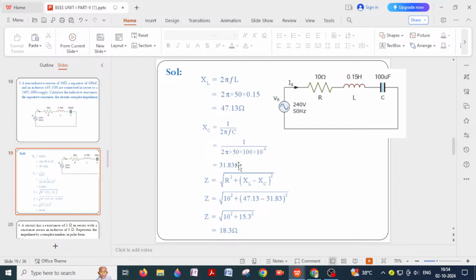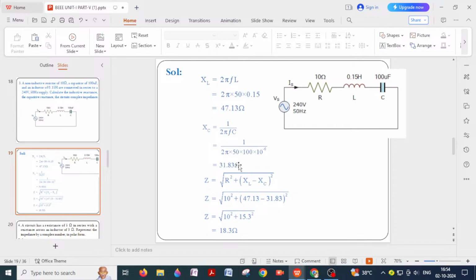So R value is 5 ohms, XL value is 3 ohms. What is Z? Z is equal to R plus jX. So what is R? 5, X is 3. So Z is equal to 5 plus j3.